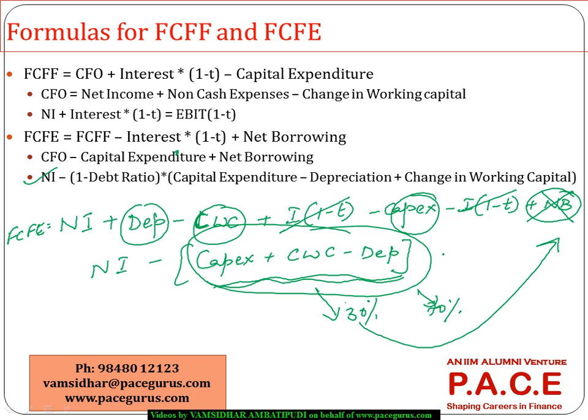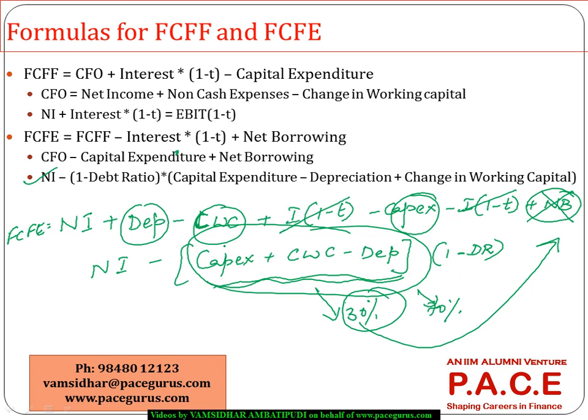That is the way I can operate with this entire number. If I am subtracting 30% as the additional borrowing, only the 70% of it will go into it. So that's where I will take 1 minus the debt ratio. Debt ratio is debt as a proportion of debt plus equity.